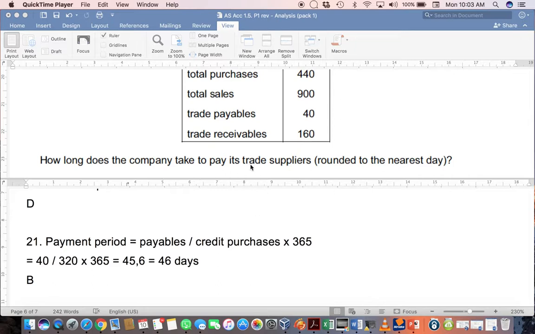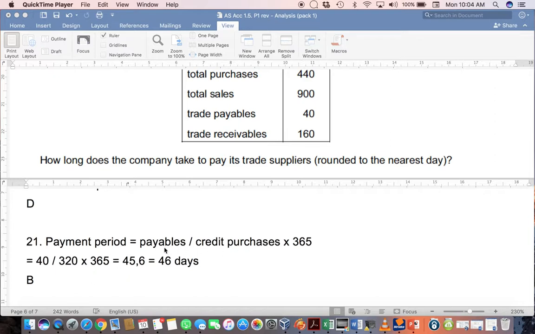Remember that the calculation to pay your trade suppliers is going to be your payables payment period or payables turnover. In other words, what are your trade payables, and divide this by your credit purchases, because you want to relate it to the figure that relates to your creditors or your payables. So we don't want our total purchases because that includes cash purchases.